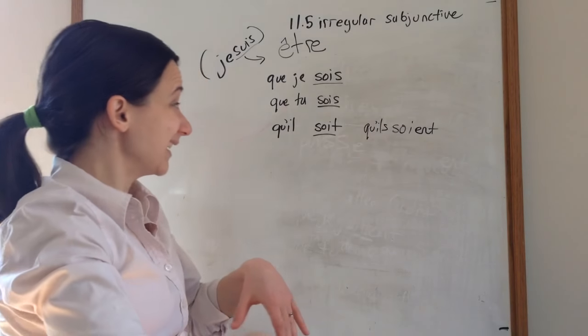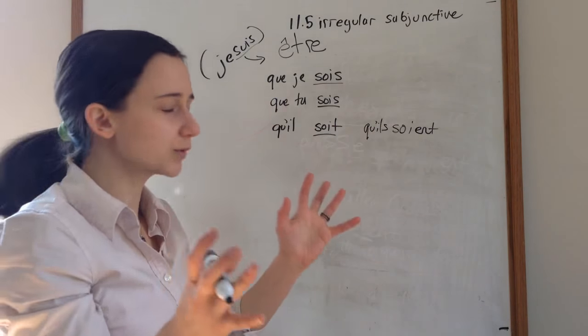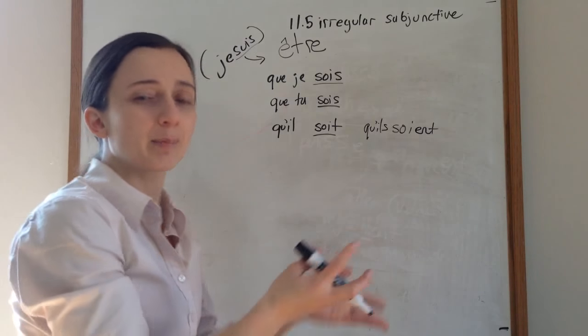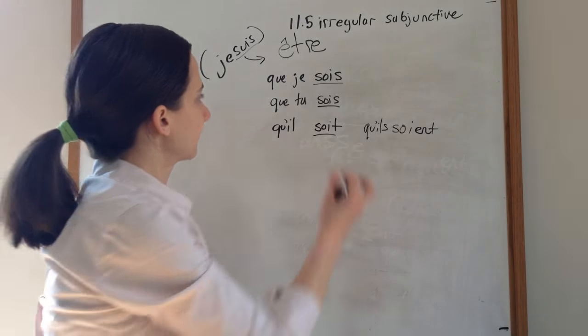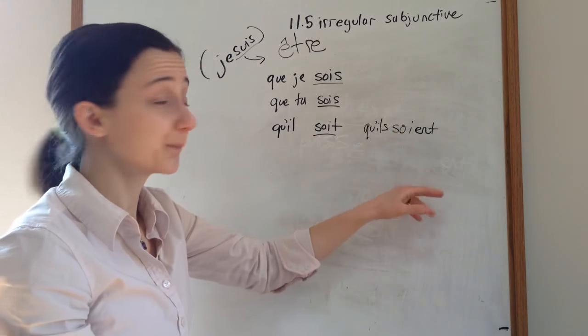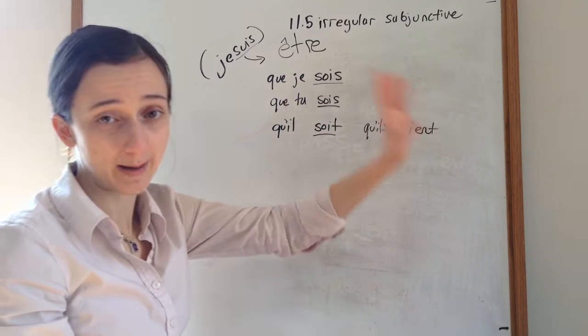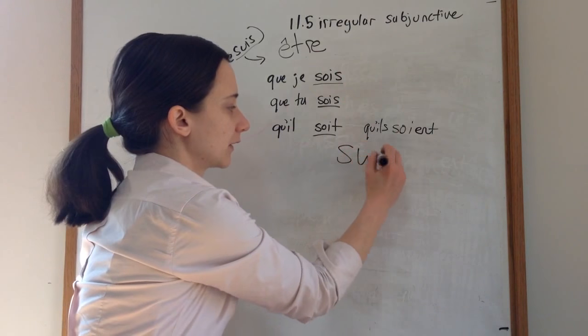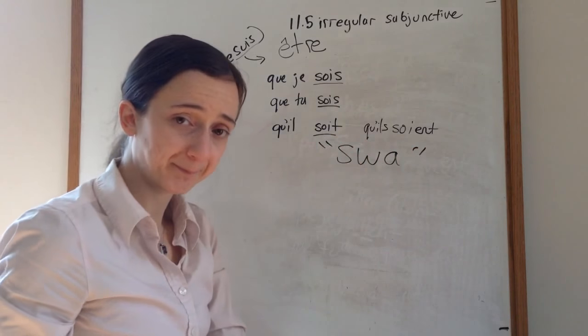So in a way, it's completely breaking our subjunctive rules, but in another way, it's going back to rules that you're familiar with. Que je sois, que tu sois, qu'il soit. They all sound the same. Soit.